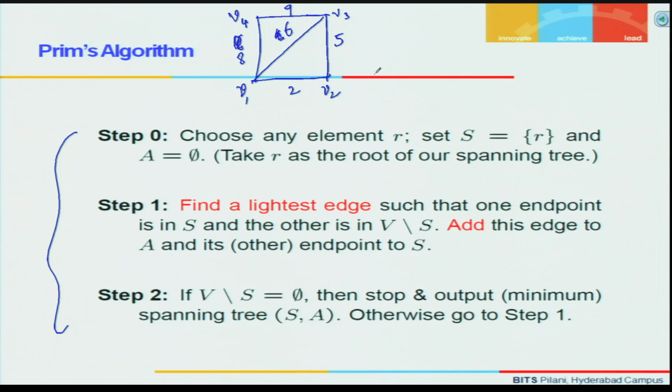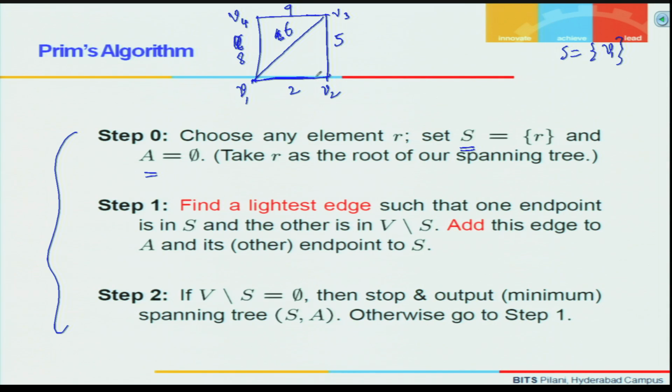So we have got a graph, then it says that you consider two sets S and A. S is the set of vertices and A is the set of edges. For the first vertex, you take any vertex, no problem. In our example we will take S as V1. Then how many edges are going from V1?